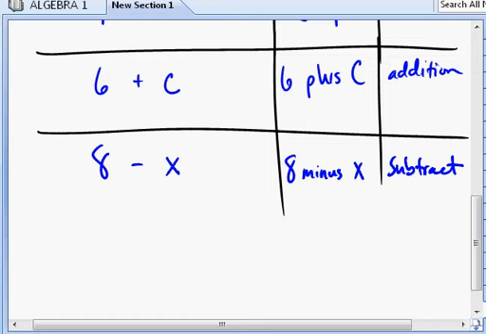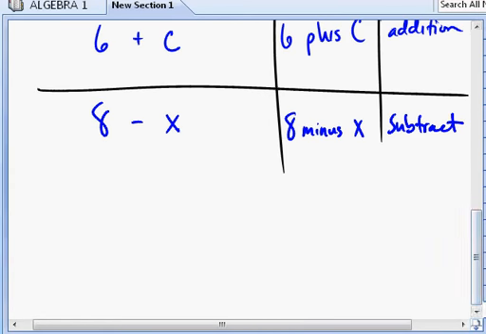Okay, raise your hand if you can tell me what part is the number, the operation, the variable. Yeah, that's right. 8 is the number. Subtract is the operation, x is the variable. Any questions? No. Okay. Here we go.